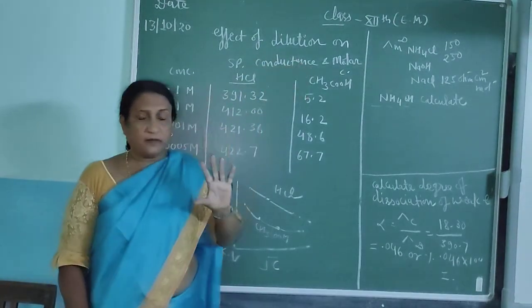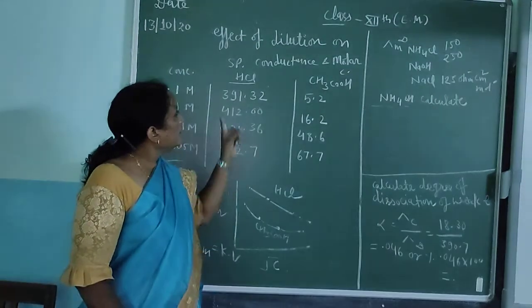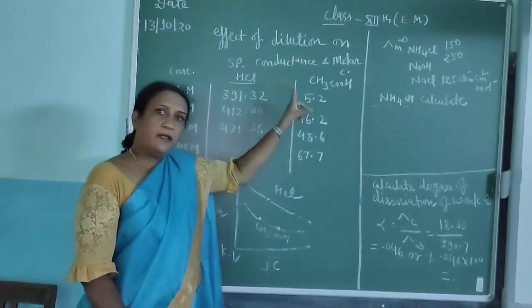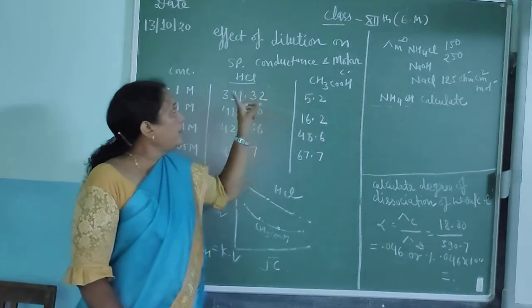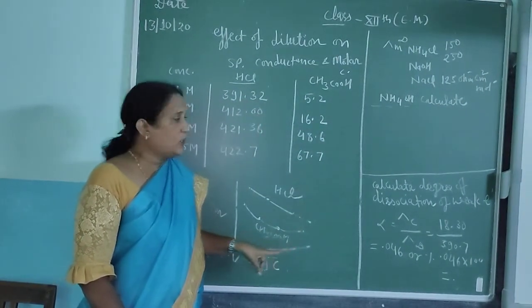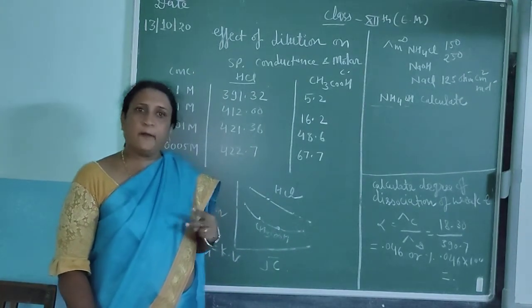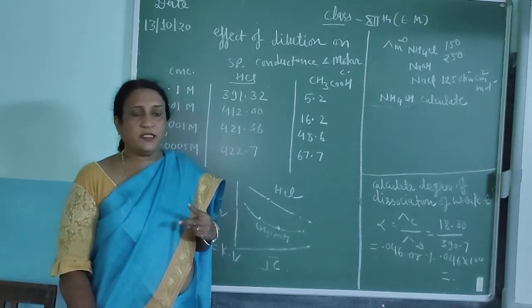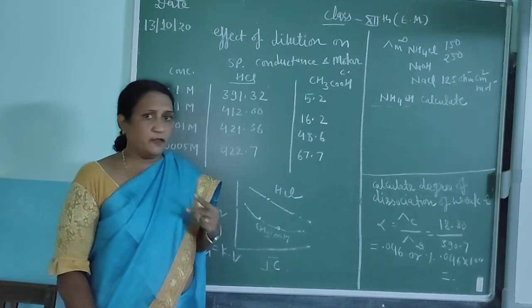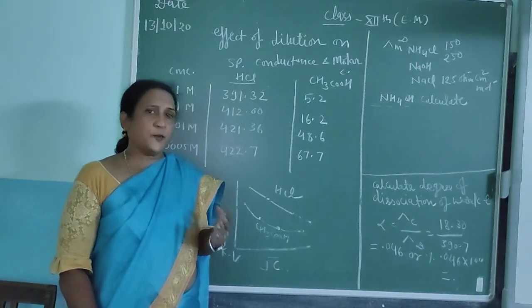This is one question. And another, comparison between strong electrolyte and weak electrolyte. What will be the effect of dilution on molar conductance of a strong electrolyte and of a weak electrolyte? So from this part, you can prepare 2 questions as I told, and I will give you in the PDF file also. Okay. Next part.